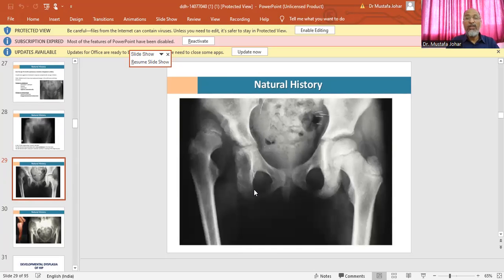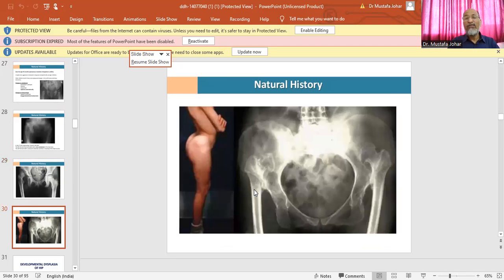And you can see on the right side of this X-ray a well-formed pseudoacetabulum with dislocated head is apparent and the limb looks to be externally rotated as compared to the left side.